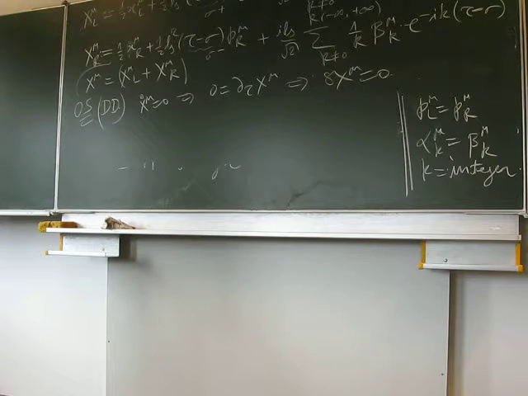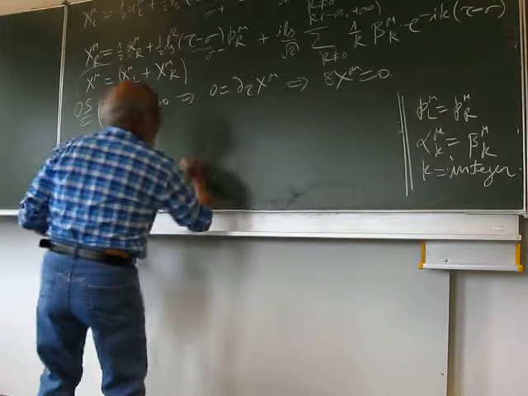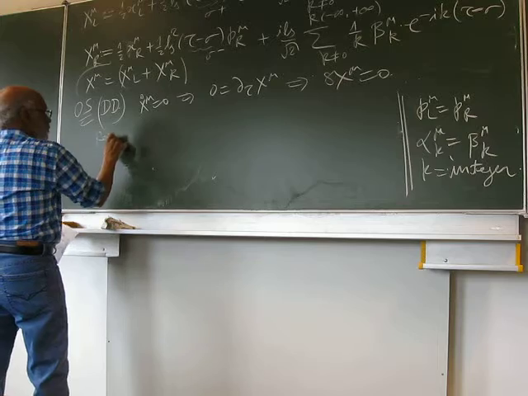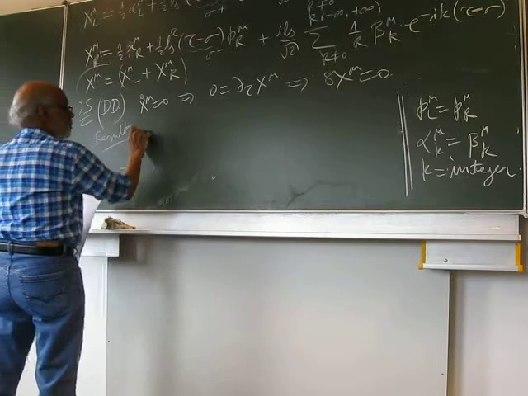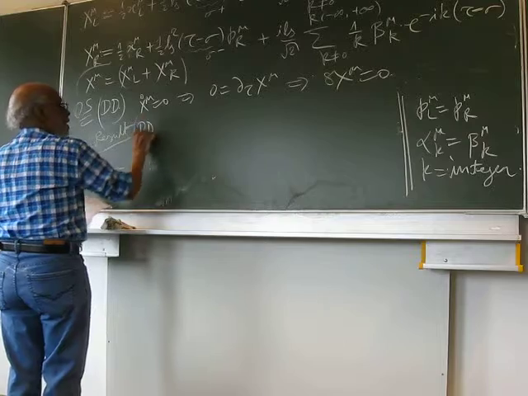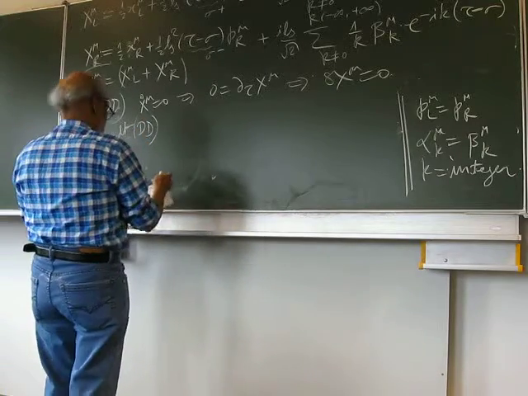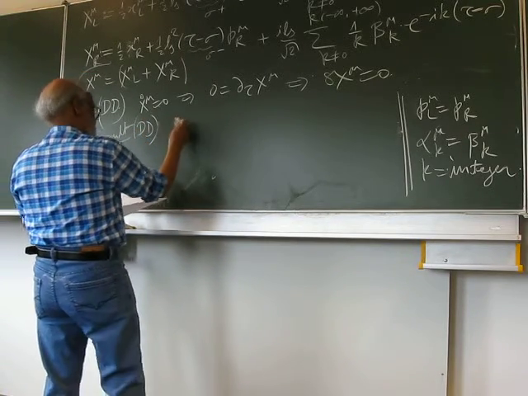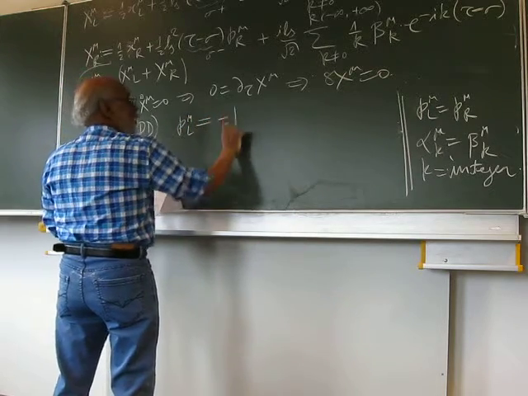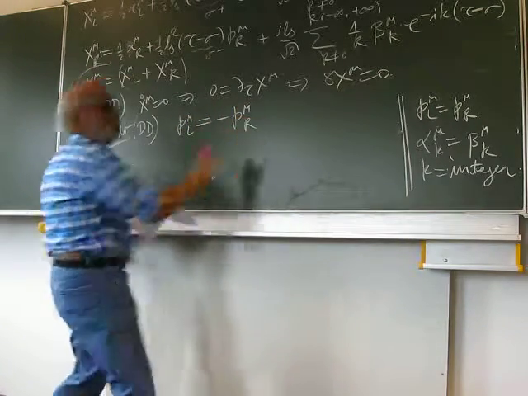And in this case, I mention the result. Here, what is the result? The result is that PL mu is equal to minus PR mu.